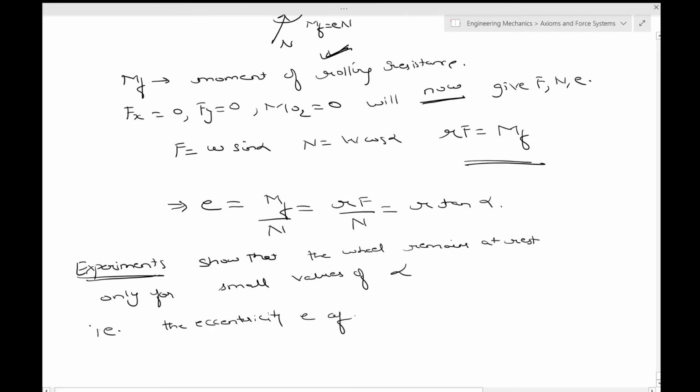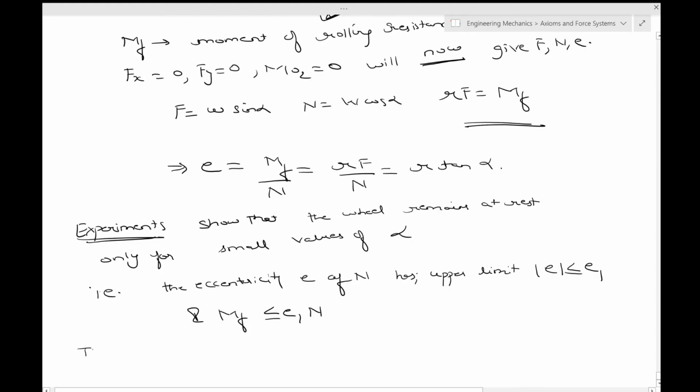E or N has an upper limit, that is E is smaller than or equal to E1, and MF is smaller than or equal to, hold on, E1 N. Okay, this is called the inequality of rolling resistance.